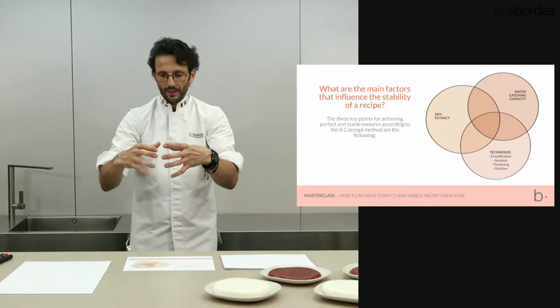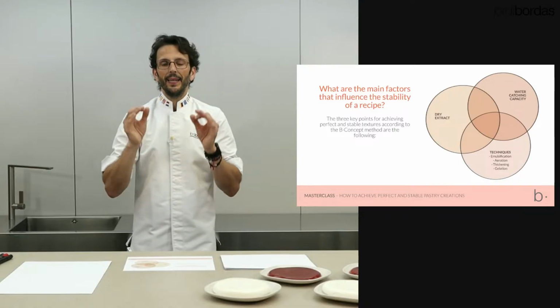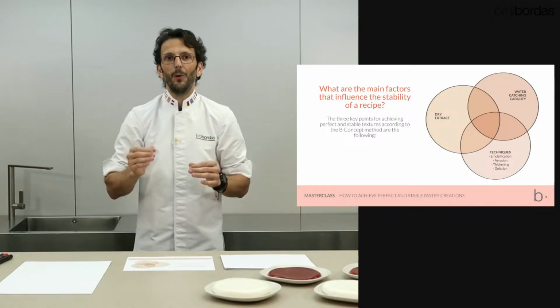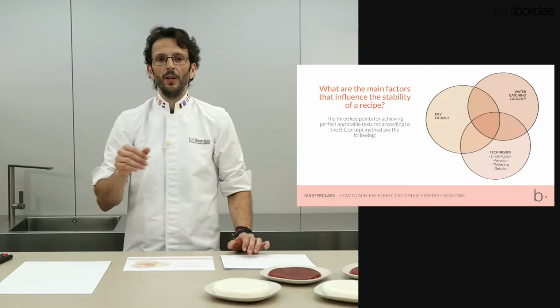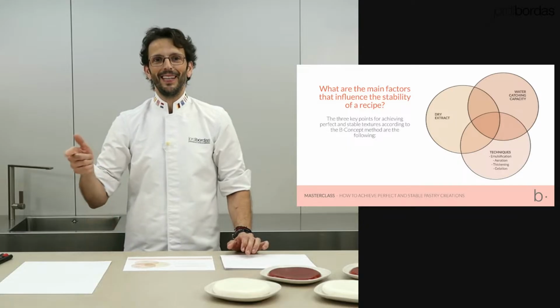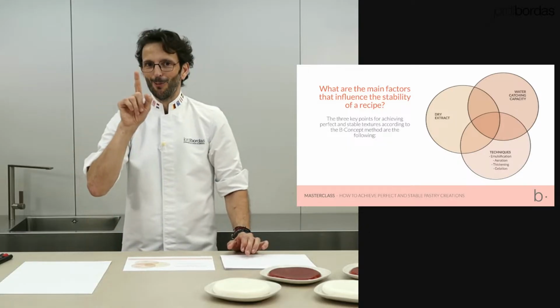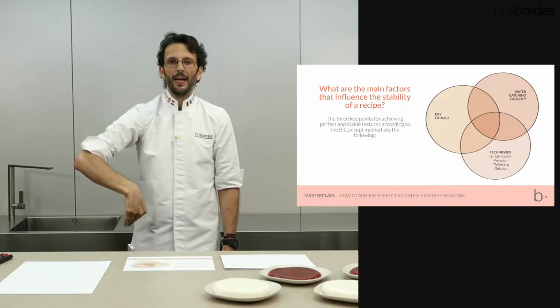This is where the stability in pastry comes from, in recipes like gel, compote, creamy textures, or mousses. The solution is not to put more gelatin. No, this is not the solution. The solution is more dry extract, more water catchment capacity, and more techniques.